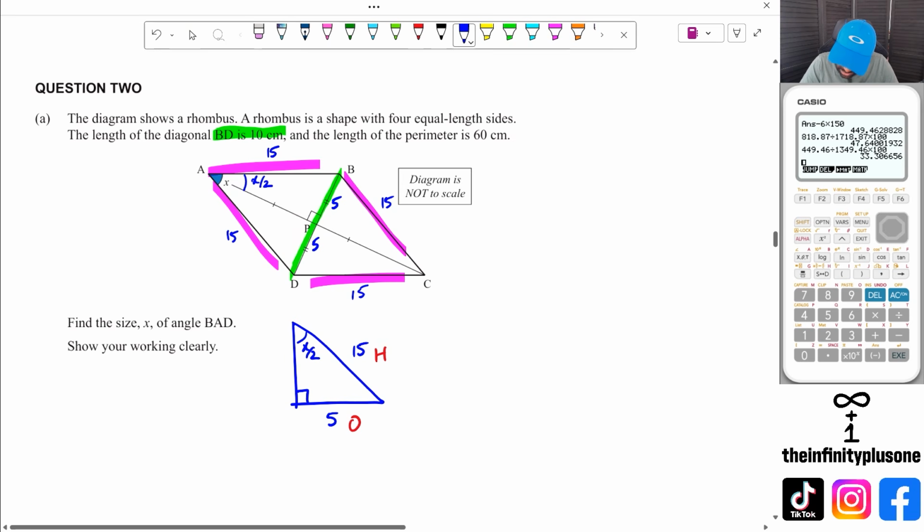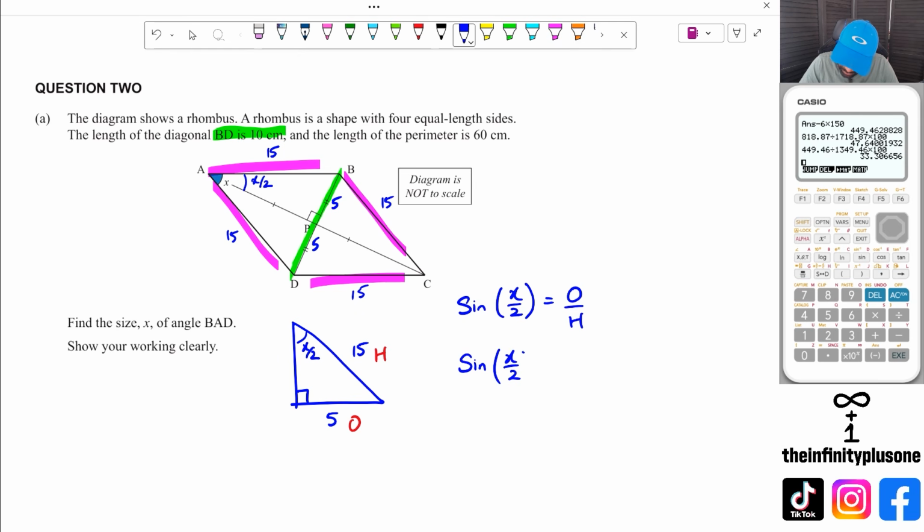So I'm going to use sine of the angle, which is X over 2, equals opposite over hypotenuse. So sine of X over 2 equals 5 over 15. And then X over 2 is equal to inverse sine of 5 over 15. So I'm going to go into the calculator and do shift sine 5 over 15.